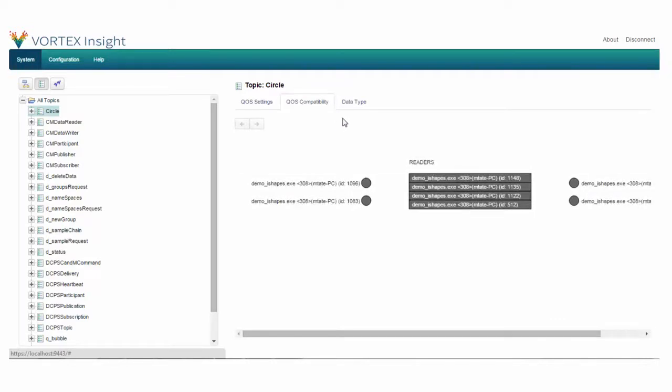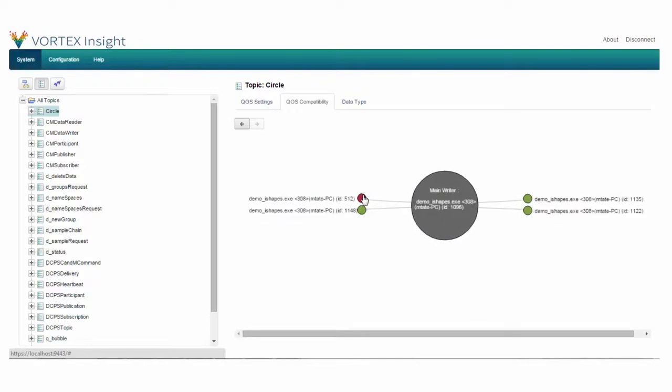The QoS compatibility graph allows us to efficiently identify mismatch in QoS policies between a given reader and writer. This is done by simply hovering over the entities and looking for red connections. A red connection indicates a mismatch between a given reader and writer.